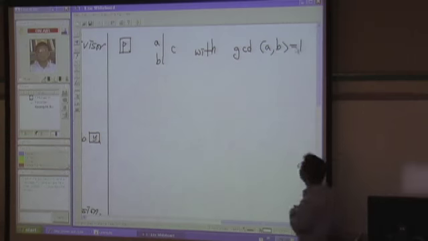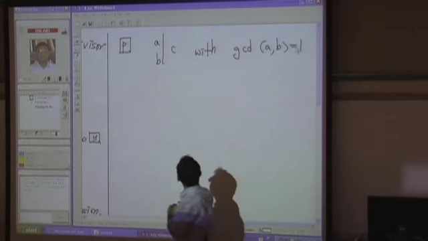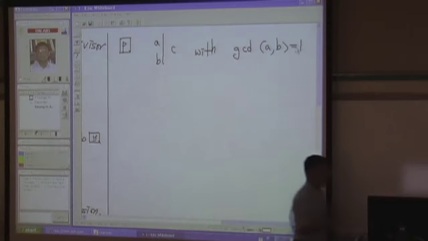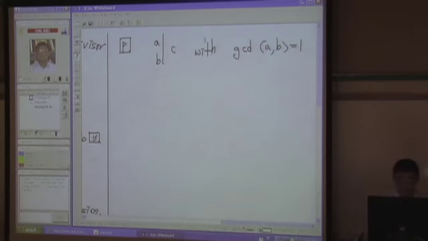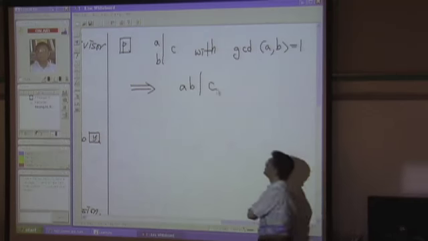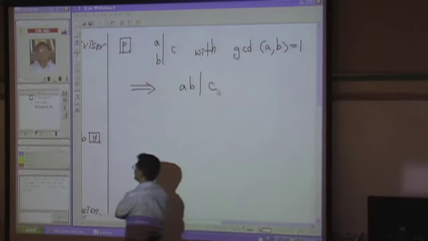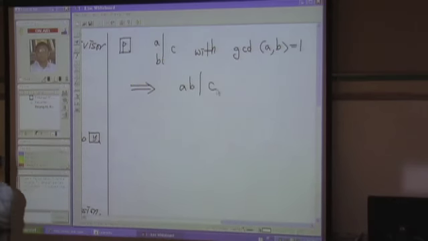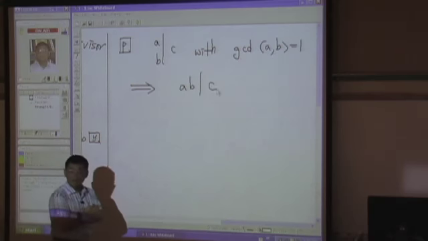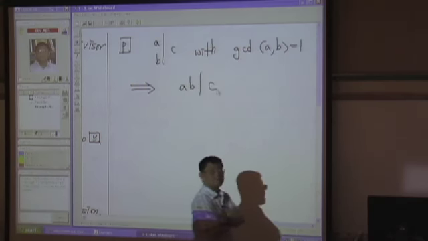A and B are relatively prime and both A and B divide C. Then AB divides C. So consider a number such as 12. 3 divides 12, 4 divides 12. Then 3 times 4, that is 12, divides 12.